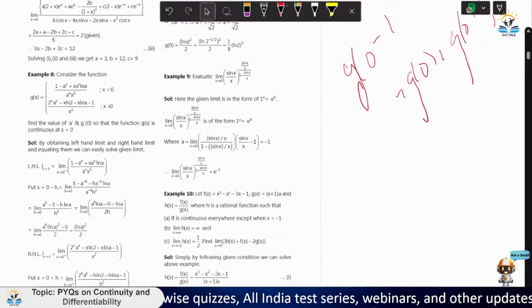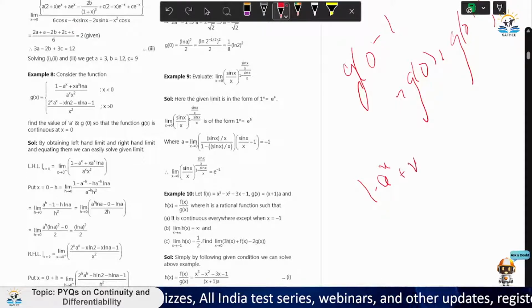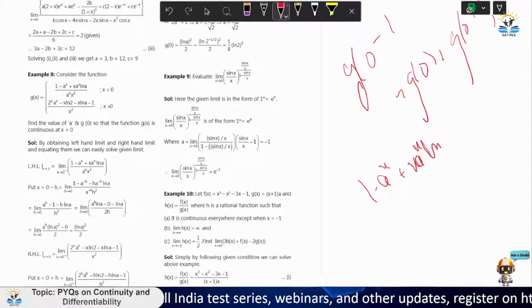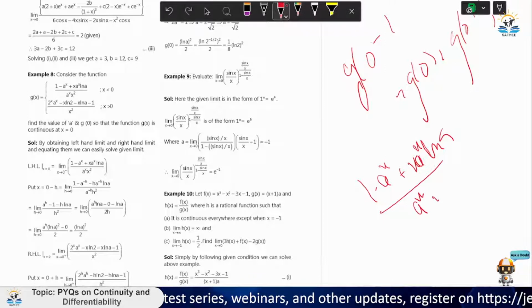So what we have here is 1 minus ax plus ax ln a by x square.